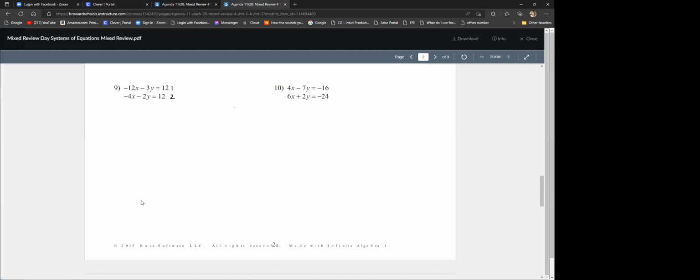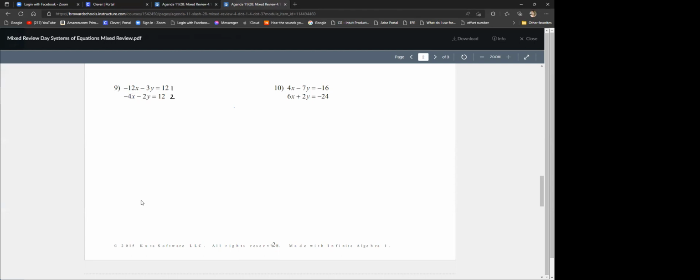What can we do with equation 2 to make this 12x, or what can we do to make this 3y? You see what I mean?